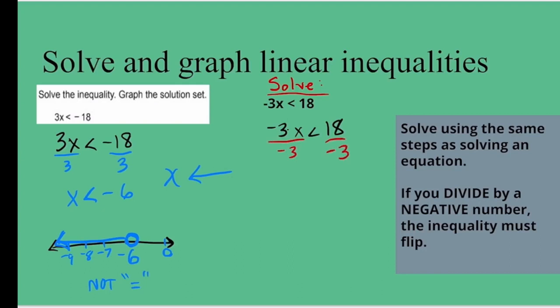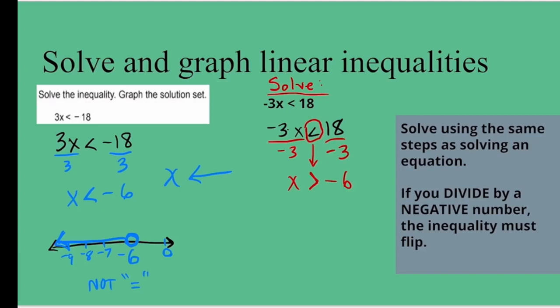There's a fancy rule: if you divide by a negative number, the inequality must flip. What I like to do is circle this inequality so that I know it's going to happen and change it now before I do any other work. Negative 3 divided by negative 3 gives me 1, and now x is greater than negative 6. That is my solution.